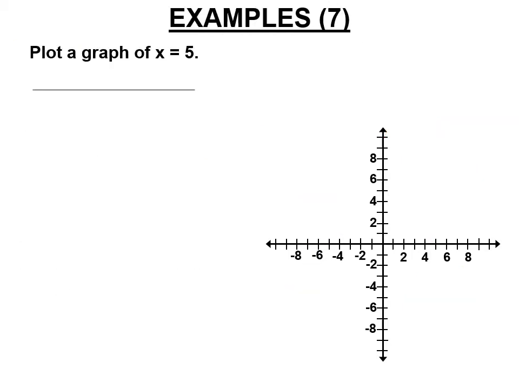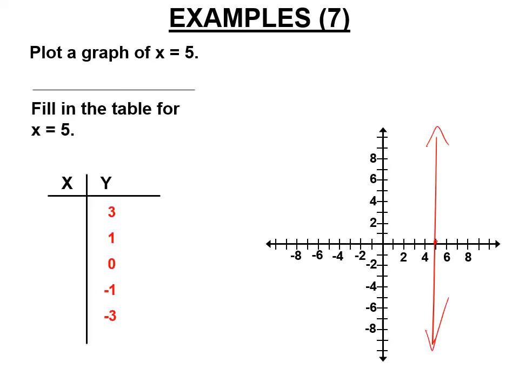All right, plot the graph of x equals 5. You can reuse a graph, right? As soon as you see x equals, you know you've got a vertical line through positive 5. Fill in the table for this. When y is 3, what's x? 5. When y is 1, what's x? 5.